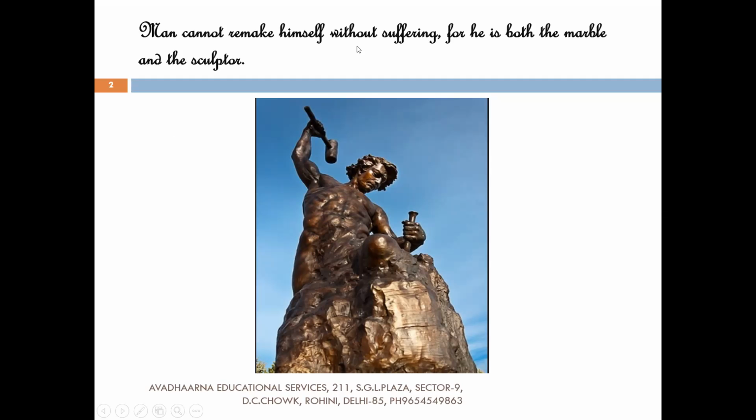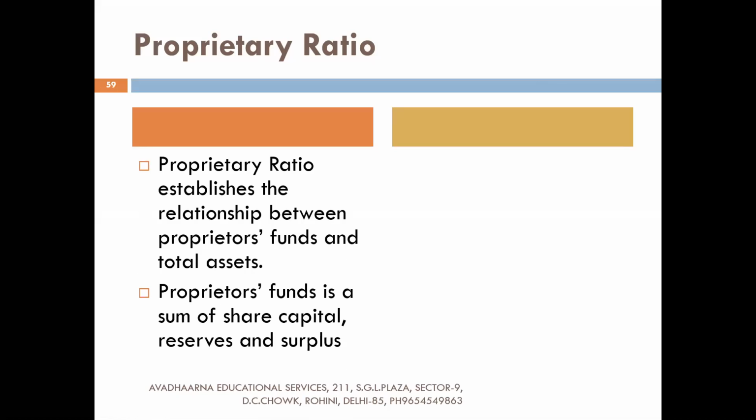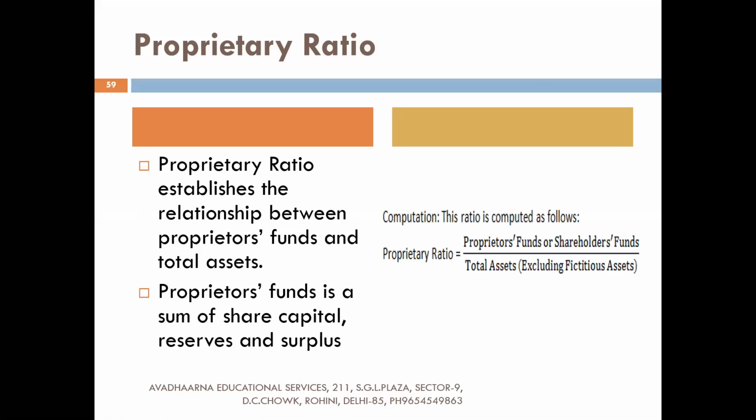To begin with, let's start with the first solvency ratio, that is proprietary ratio. Proprietary ratio establishes the relationship between proprietor's fund and total assets. And we know that proprietor's fund is the sum of share capital and reserves and surplus. The formula for computing proprietary ratio is proprietor's fund or shareholders' fund upon total assets.